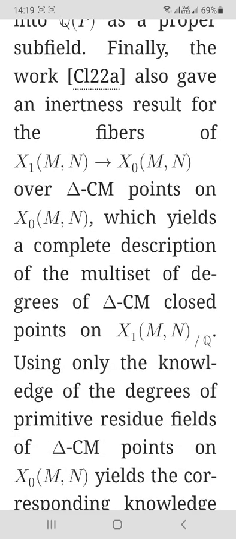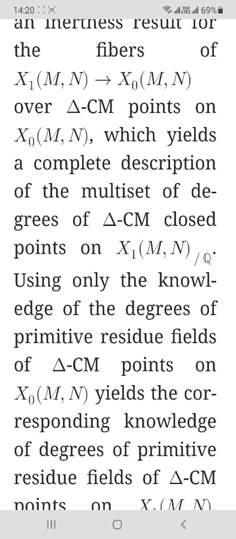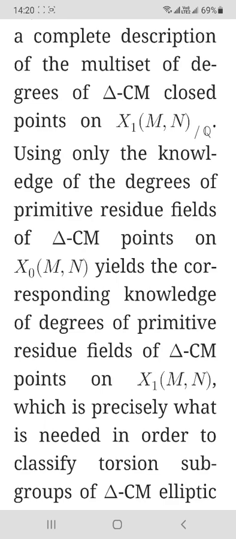Finally, the work also gave an inertness result for the fiber of S1(m,n) to S0(m,n) over delta CM points on S0(m,n), which yields a complete description of the multiset of degrees of delta CM closed points on S1(m,n) over Q.